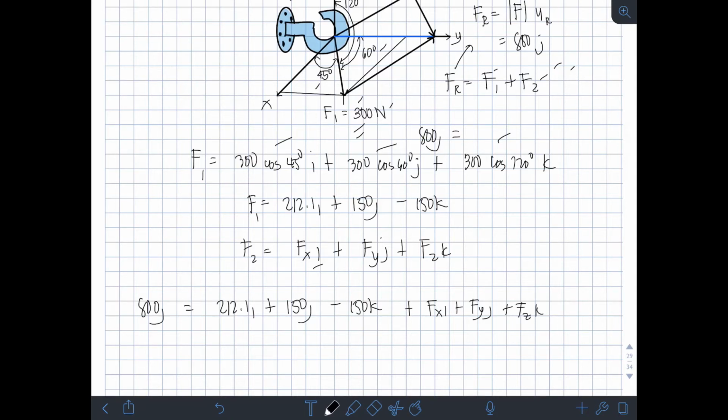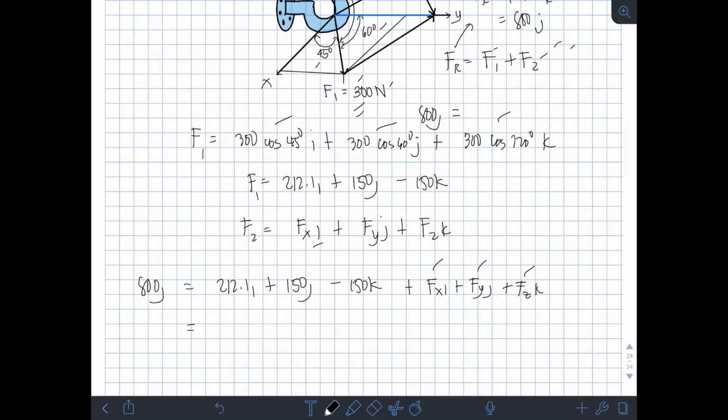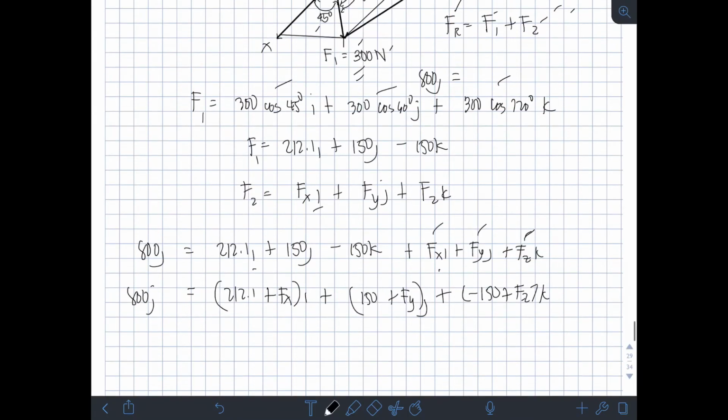So, hanapin natin yung Fx, Fy, Fz para makuha natin yung F2 vector. So, paano natin gagawin yon? So, combining similar terms, dito muna sa right. So, combine natin yung mga i. So, 212.1 plus Fx i plus sa j, 150 plus Fy j plus negative 150 plus Fz k equal to 800j. So, para maging equal itong dalawang vectors, dapat i-equate natin yung ijk components nila. So, dito sa kabila, wala tayong i components.